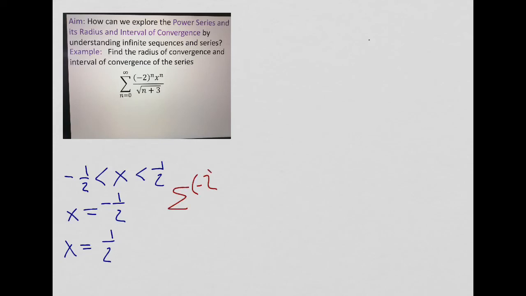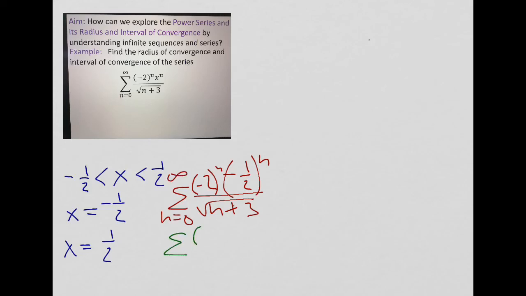So if we take a look at this series, where x is -1/2, we have to see if this converges or diverges. And similarly, we're going to plug in +1/2 and see if this converges or diverges.